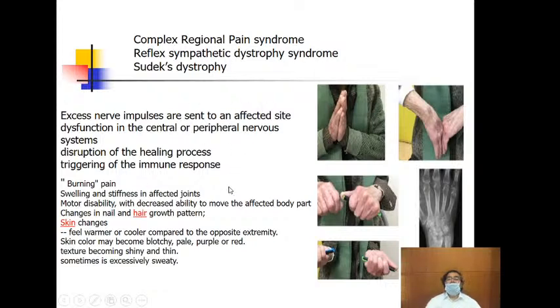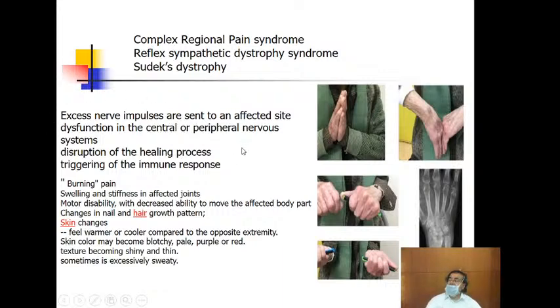Here the main pathology is that many nerve impulses are sent to the affected site. Thereby there will be a dysfunction, and it could be a dysfunction in the central or peripheral nervous systems. The healing process may sometimes be stopped or disrupted because of the excess nerve impulses.